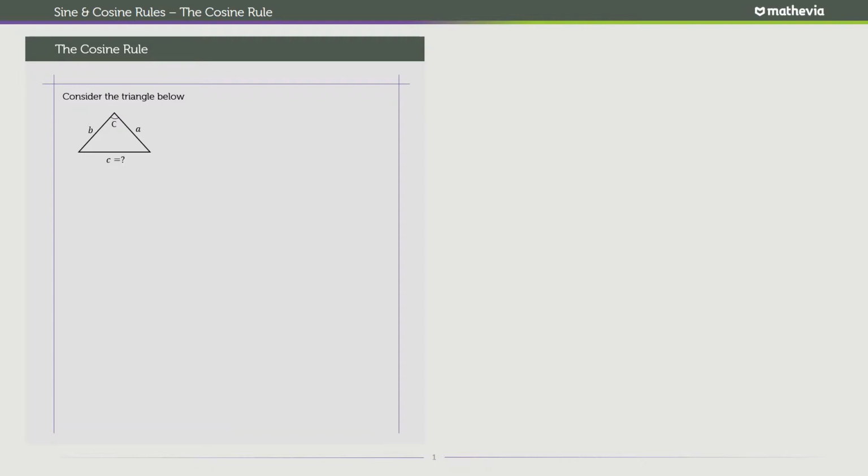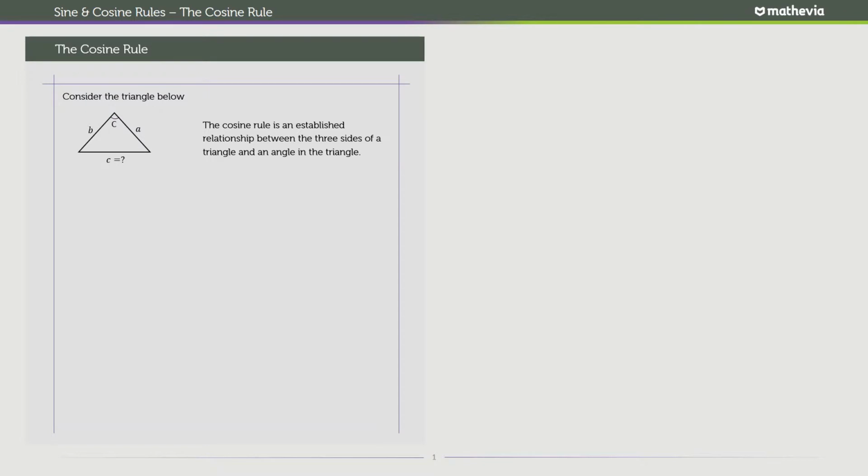And what it is, if you're given two sides of a triangle, and the angle between those two sides, and you're looking to find the final side, okay, so obviously the opposite side to the angle, you apply the cosine rule. Okay, so if you have a situation like this, you have b and you have a, and you have angle C between them, and you're looking to find side c, shown with a small c there, you apply the cosine rule.